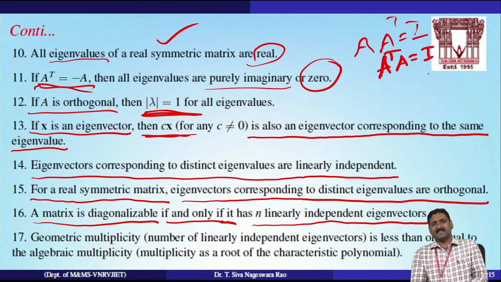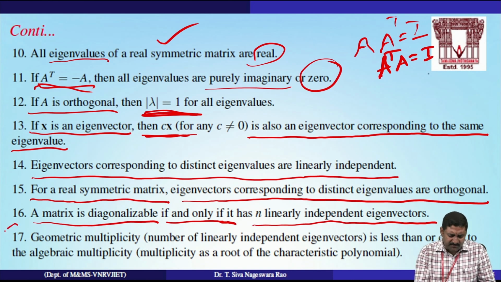Previously, we did diagonalization like P inverse into A into P is equal to D. Without applying this formula, if you want to say whether the given matrix is diagonalizable or not, it is enough to verify whether the corresponding eigenvectors are linearly independent or not. If they are linearly independent, then we can say the matrix is diagonalizable.